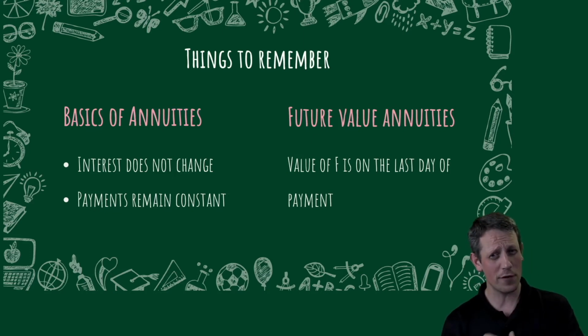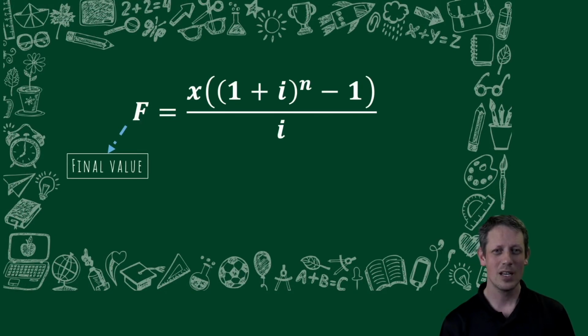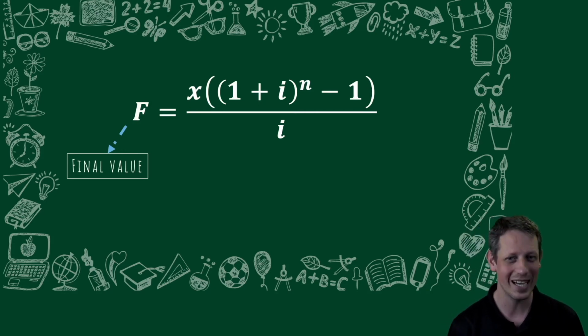So the future value annuity that I'm going to talk about now is laid out in a very, very easy way. Here's the formula on the screen for you. F is equal to x bracket 1 plus i to the n minus 1, all over i.